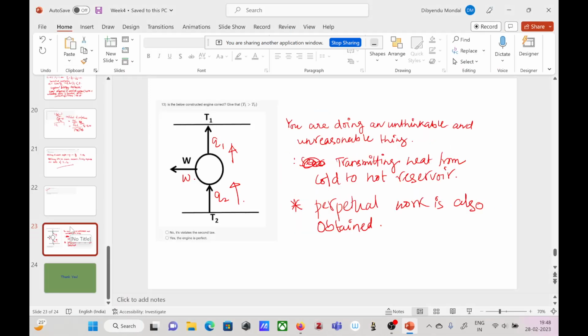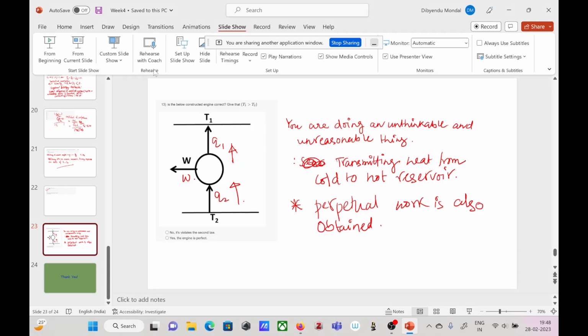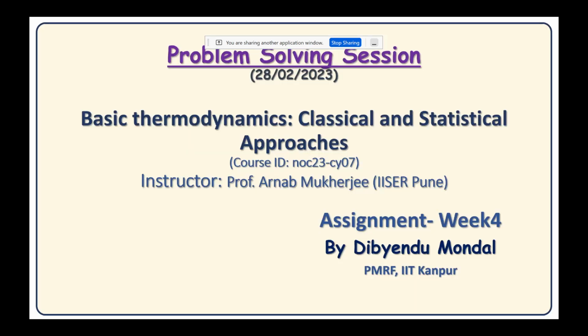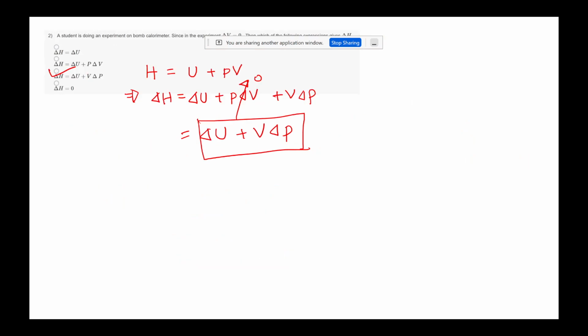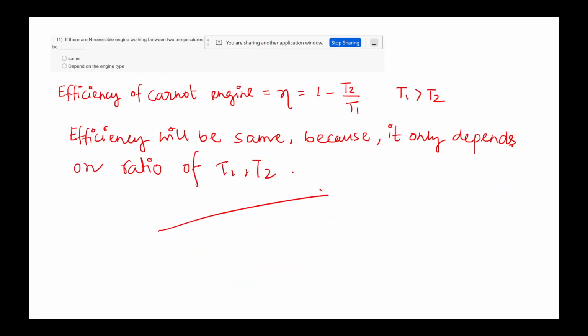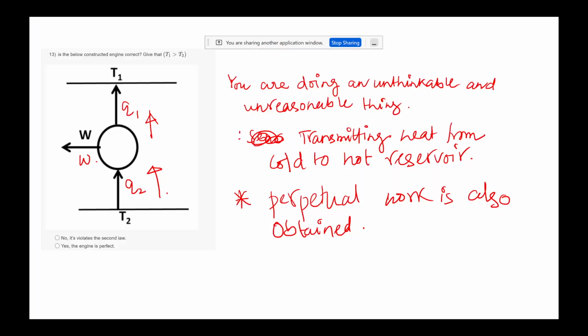So this violates the second law, also the Clausius statement.